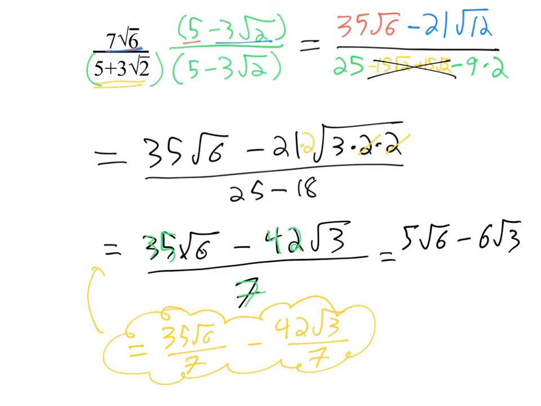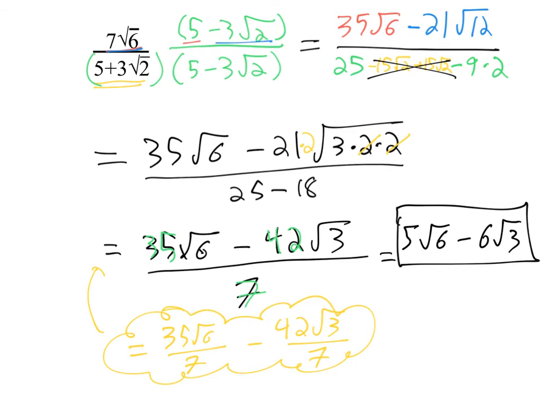And that might make it a little easier for you to see that this 35 and 7 will divide, and so will the 42 and the 7. This line is strictly optional that I have in yellow, but that is the logic behind why we can divide that 7 among both of those terms. So our final answer is 5 root 6 subtract 6 root 3.